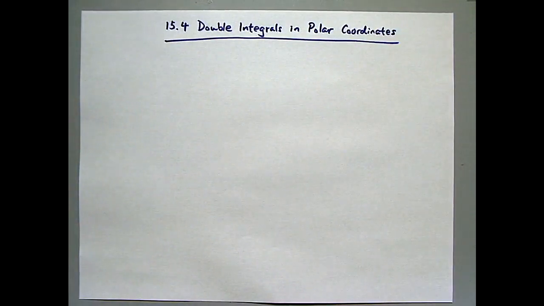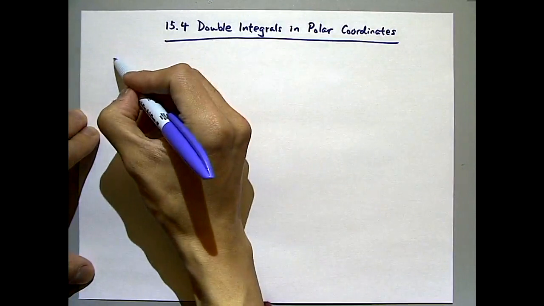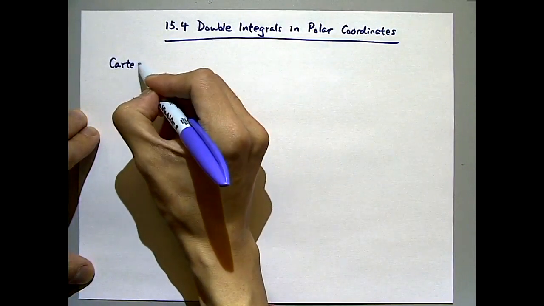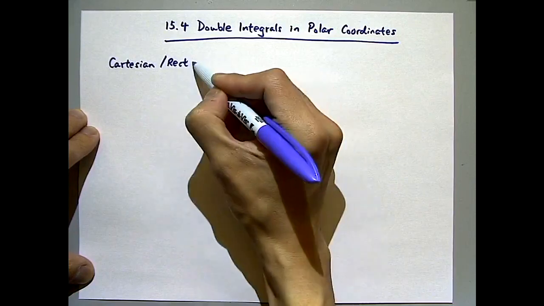In case you've forgotten what polar coordinates are, let's do a very quick review. We're used to seeing things in what's called the Cartesian or rectangular coordinates, x and y.